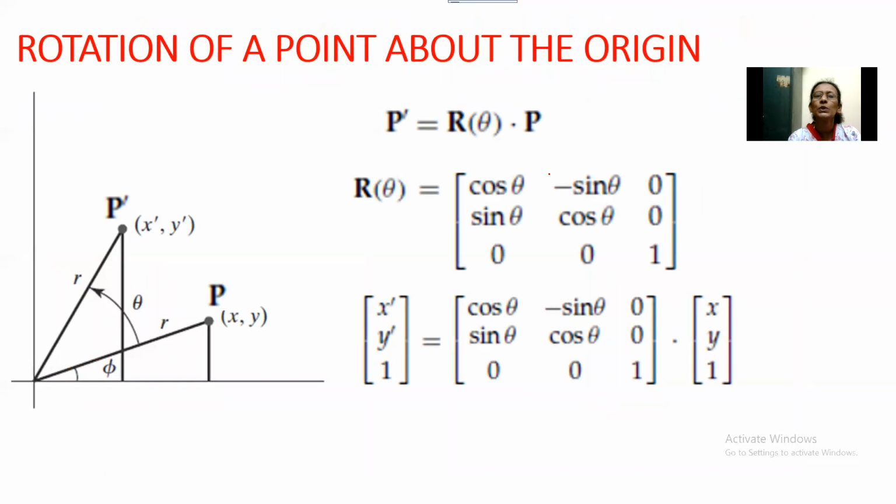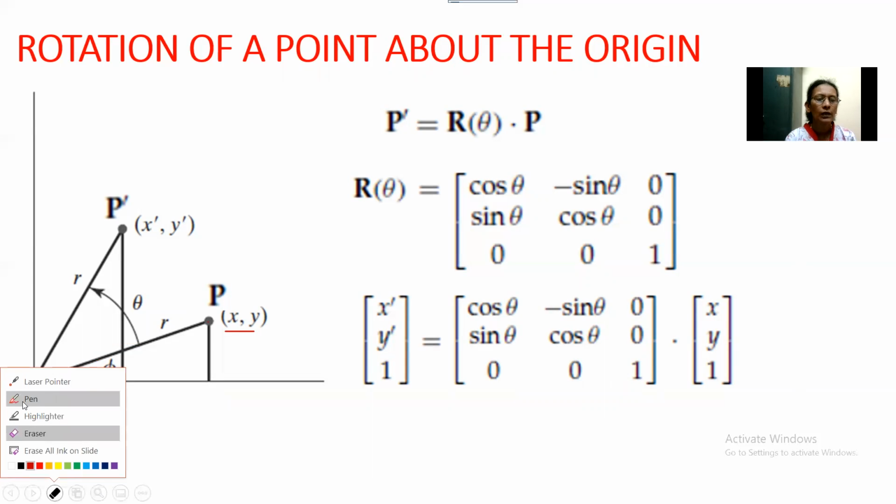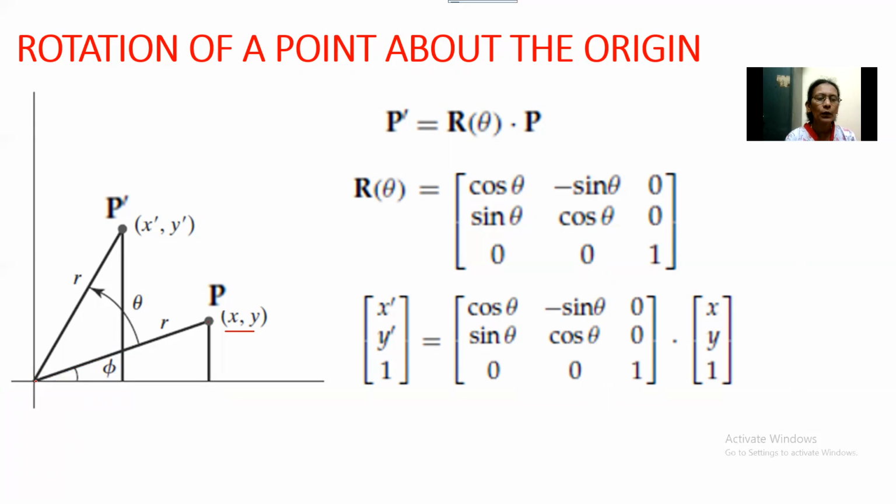So first we see the basics about rotation. Say I have a point P, (x, y). I rotate it about the origin by an angle theta.